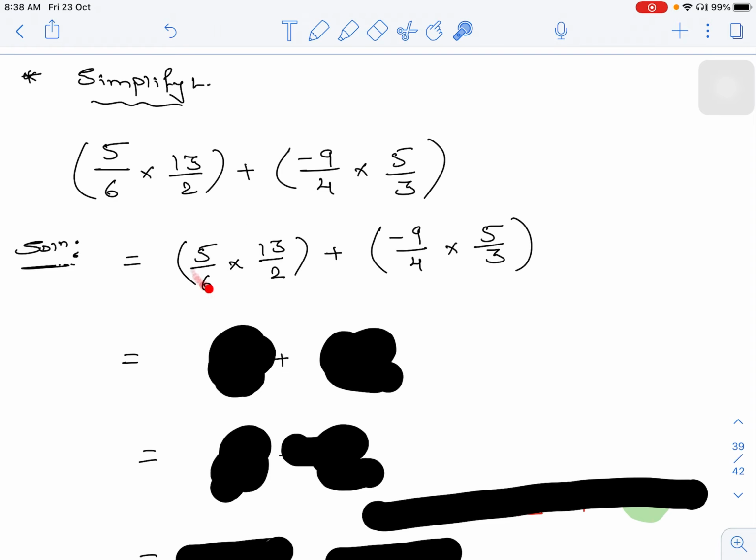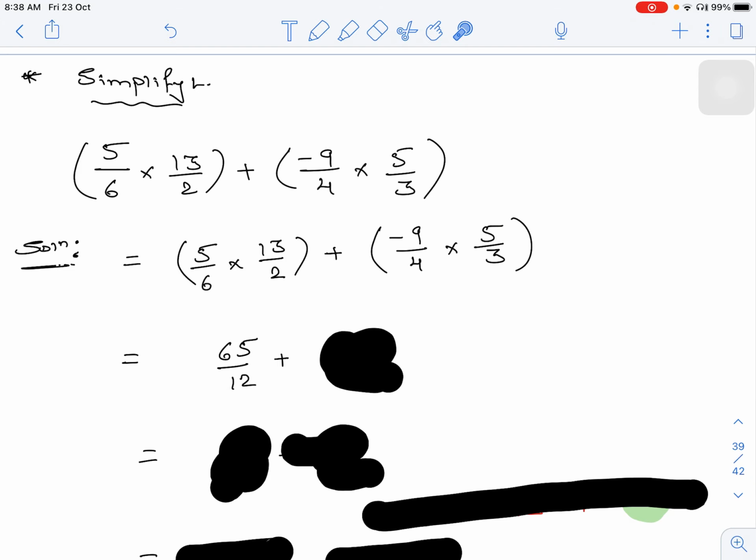Now check whether we can make any cancellation here. No cancellation is possible, so we multiply numerator with numerator and denominator with denominator. 13 5s are 65, so you get 65 upon 12, since 6 2s are 12.